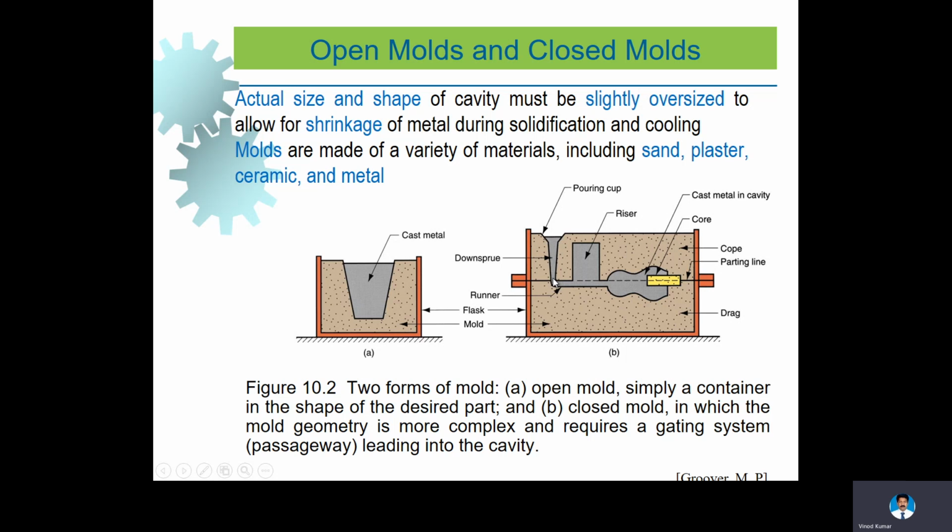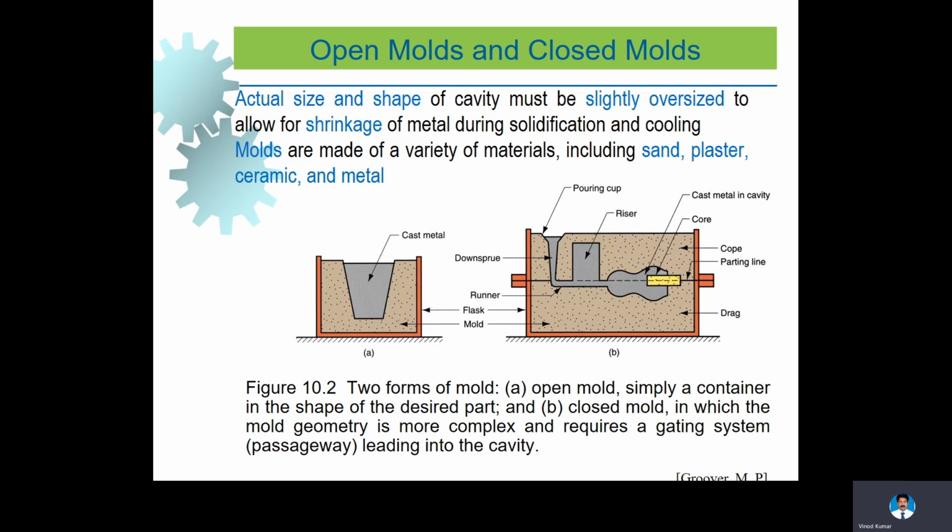The molten metal will pass through the downsprue, which reduces turbulence, etc. It is stored in a reservoir, and then this molten metal enters the cavity and fills the cavity. And after solidification, we can remove all these parts and we will get the final shape exactly like this. This is the main process involved in a casting process.